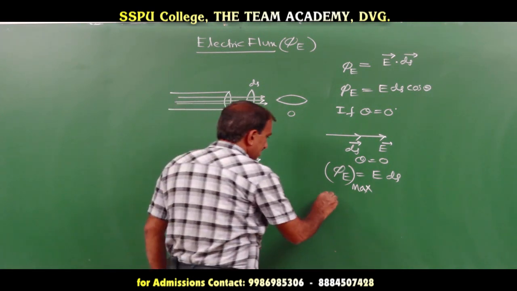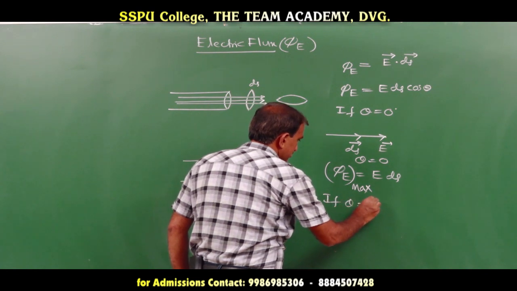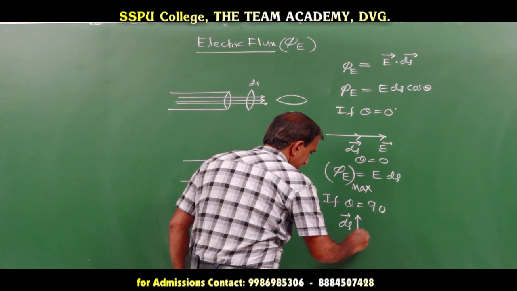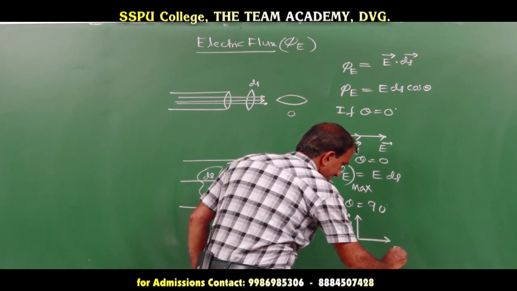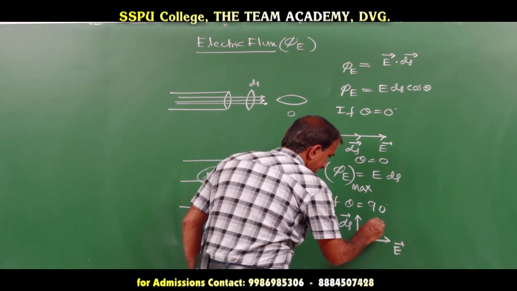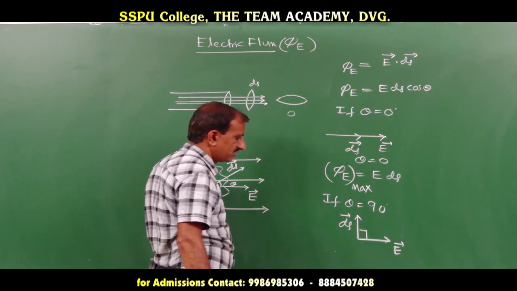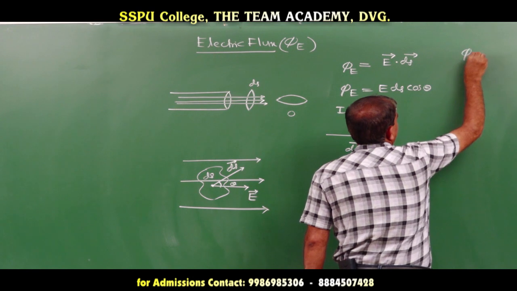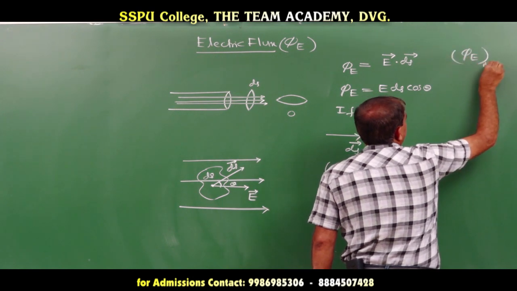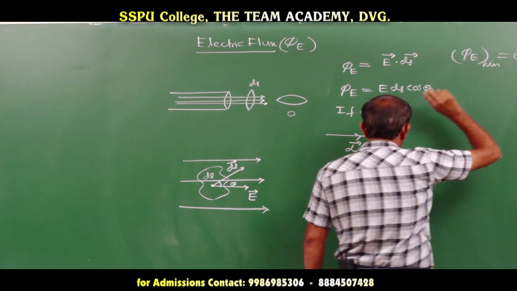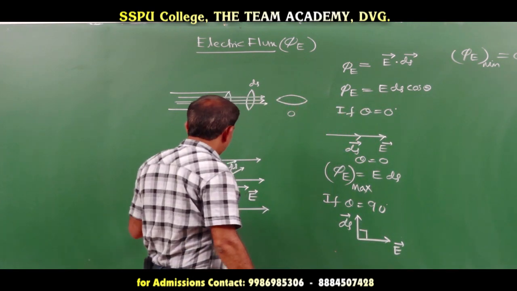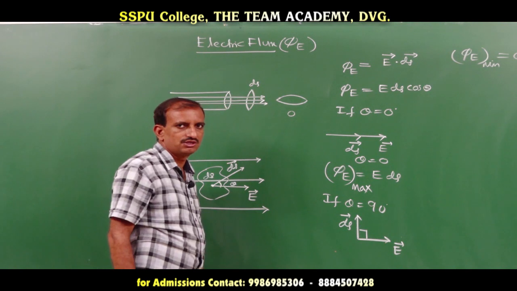And if theta equals 90 degree, that is, when the area vector ds and the electric intensity vector E are perpendicular to each other, the electric flux will be minimum, equal to 0. Cos 90 is 0, therefore the flux through the surface ds is equal to 0.